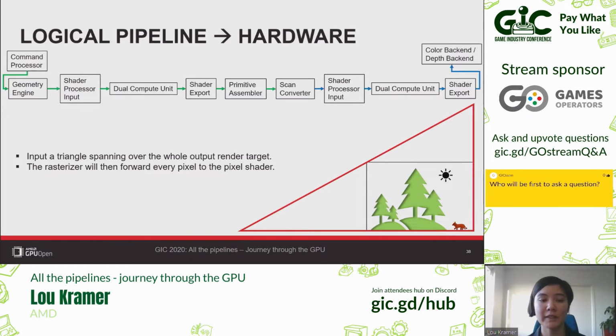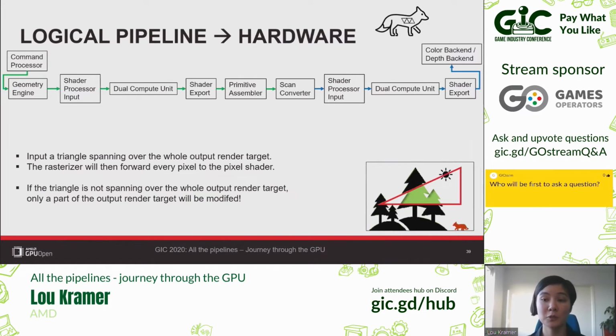And then the rasterizer will do its job over this triangle and just forwards every pixel to the pixel shader. If your triangle is too small, then you will see that the output will be just for the part of the render target which is actually covered by your triangle. And this is not what you want, because you want every pixel in your render target to be modified.